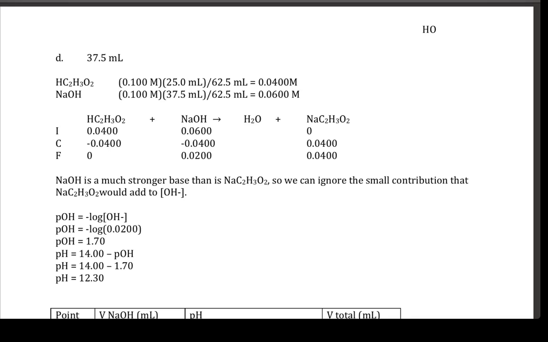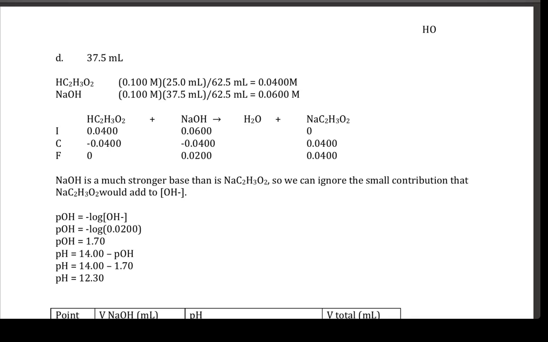Now, both OH minus and C2H3O2 minus are bases. OH minus is radically stronger a base than C2H3O2 minus. So we would actually be okay to calculate the pH based only on the OH minus.